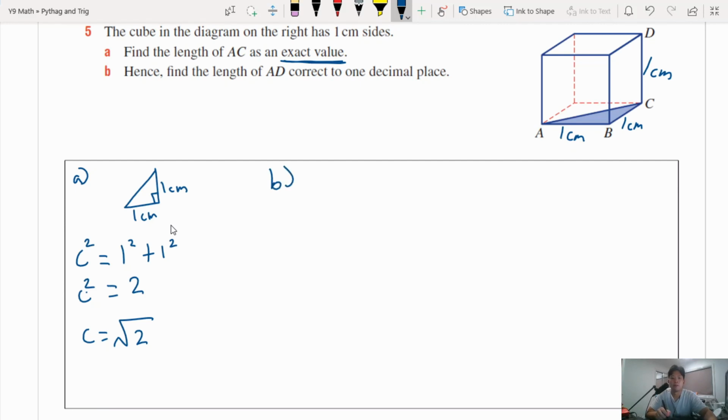B. Find the length of A to D correct to 1 decimal place. So A to D is that length here. No, I can't draw lines. It is from here. It's so hard to draw on a laptop. Let's give that one more go. I think you guys get what I mean though.